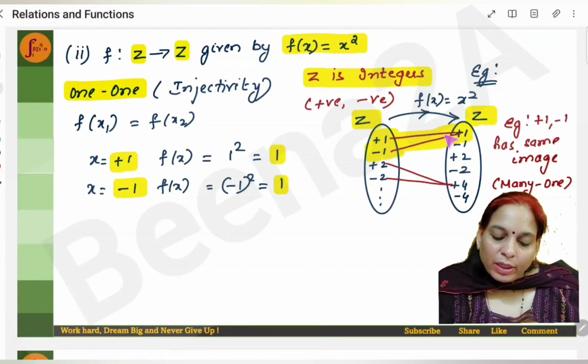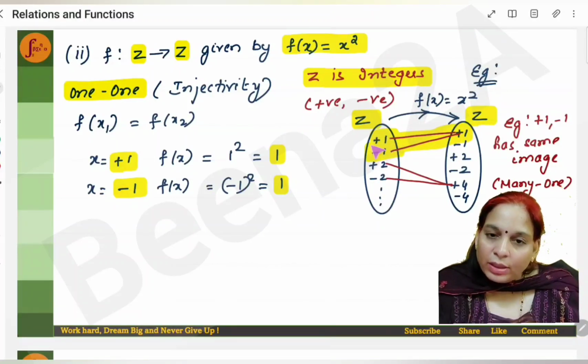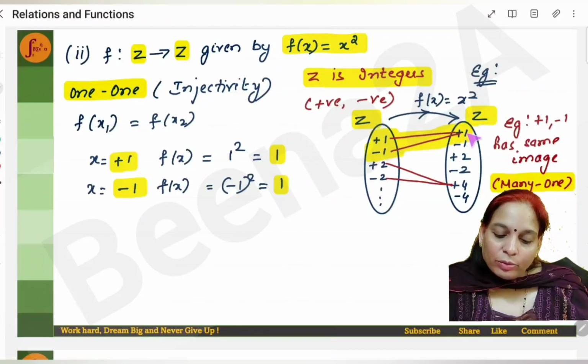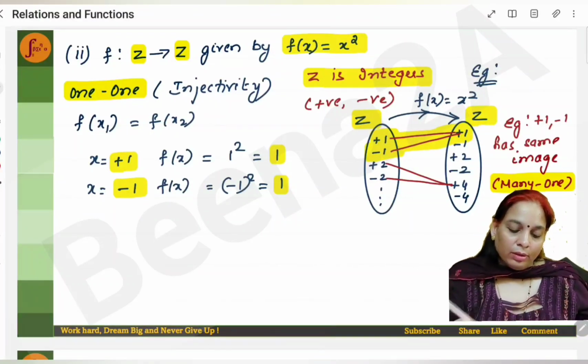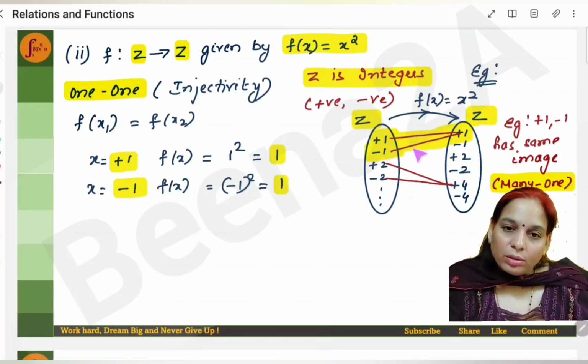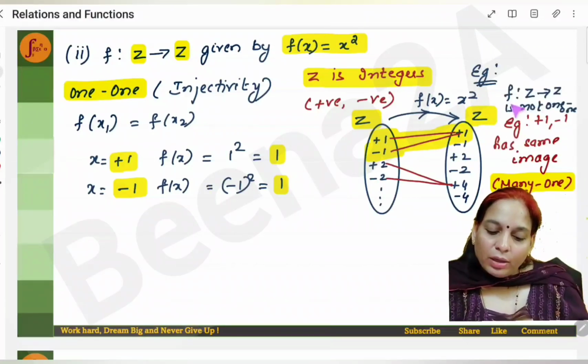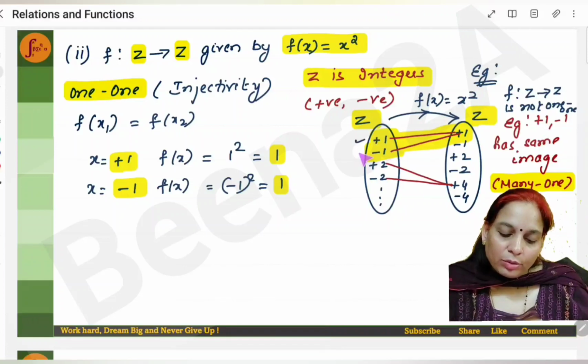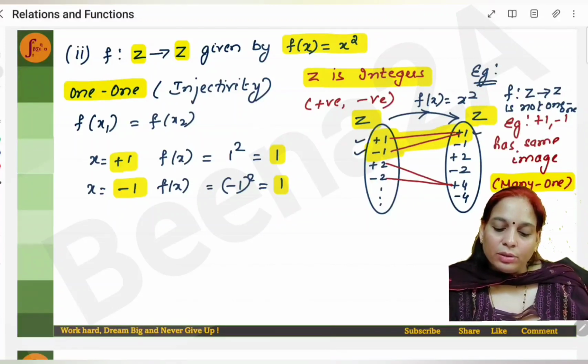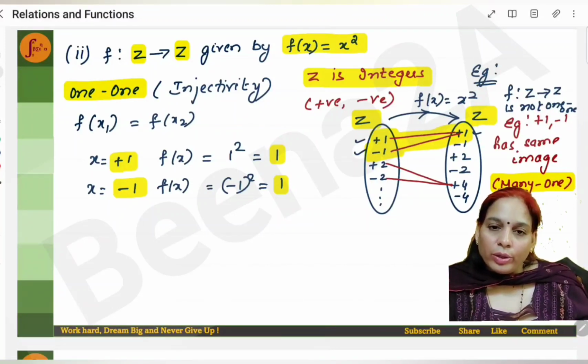So this becomes many to one, not one to one, because two elements in this particular set are mapped to one element in this particular set. So you can say function from Z to Z is not one to one because plus 1 and minus 1 have the same image.